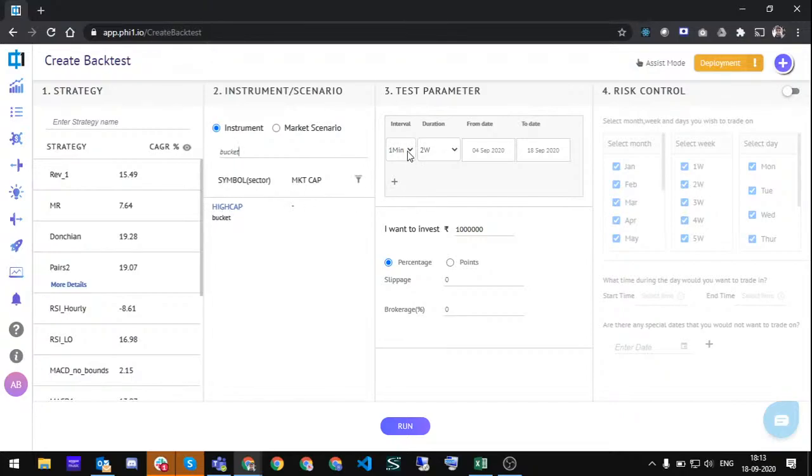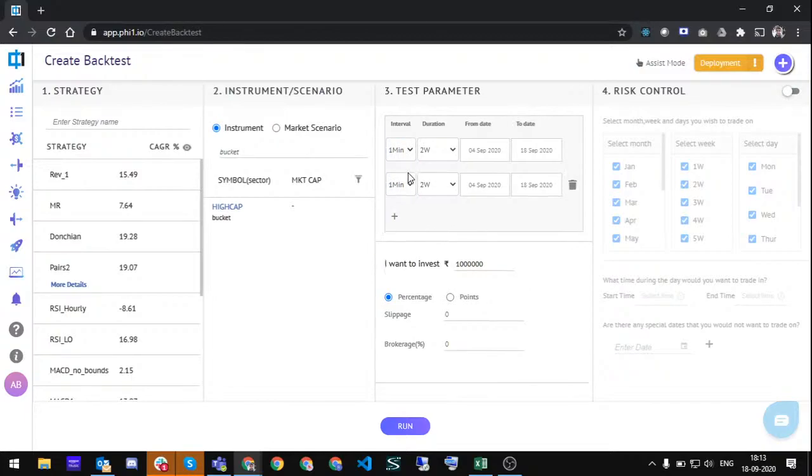Not only that, you can also run it on multiple time intervals at once. So you can run it on the 1 minute and the 1 day time interval all at once. So just to give you an example, if this bucket had 8 symbols and I run these 2 time interval backtests at once, I'm essentially running 16 backtests all by one click.